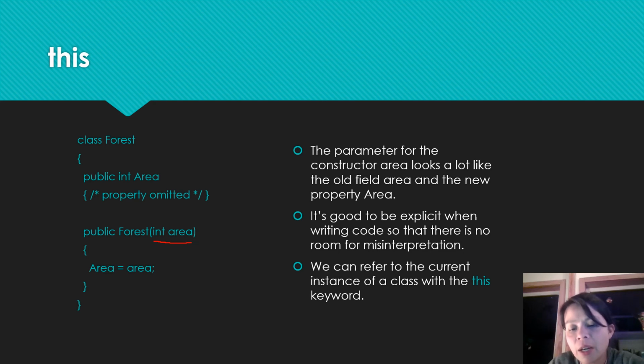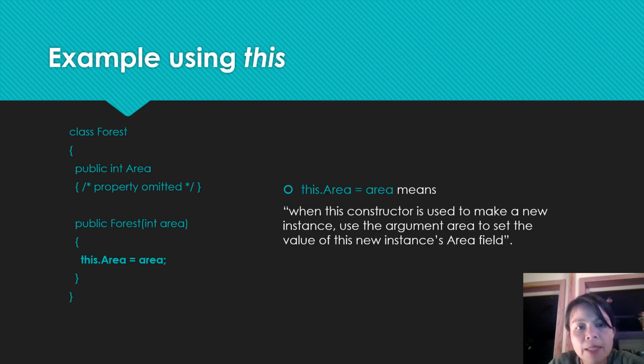We can refer to the current instance of a class with the keyword this. So let's take a look at an example of using this. this.area equals area means when this constructor is used to make a new instance, use the argument area to set the value of the new instance's area field.